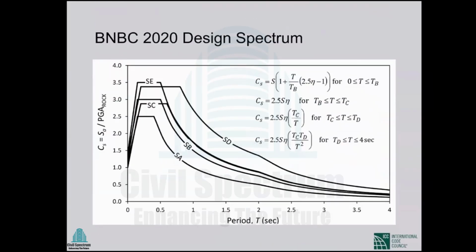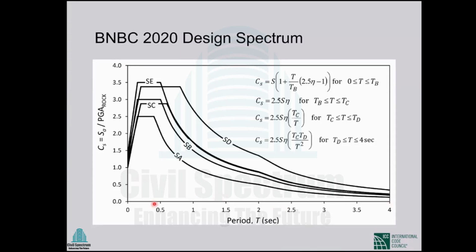So based on that, a set of design spectra have been proposed in the building code. This is actually not very different from ASCE 7. This is the value of acceleration considering the properties of soil, site class, and the building parameter, like the period of the building.